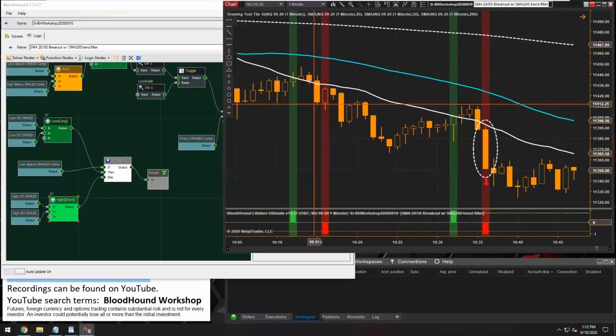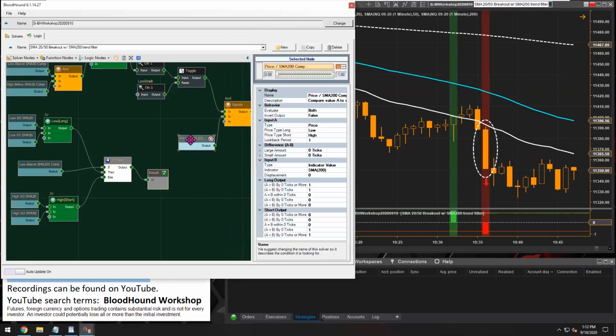And you might be saying, well, there are long and short signals here, and obviously that's correct. When the high price crosses above the SMA, we're going to get a long signal, and if the high price crosses down below the SMA 200, we're going to get a short signal. Remember, this solver here ultimately filters everything out.